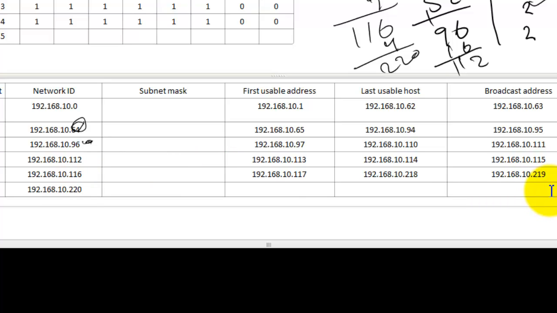So 223 will be the broadcast, 222 will be the last IP, and 221 will be the first usable IP. Let me just centralize this to be consistent.